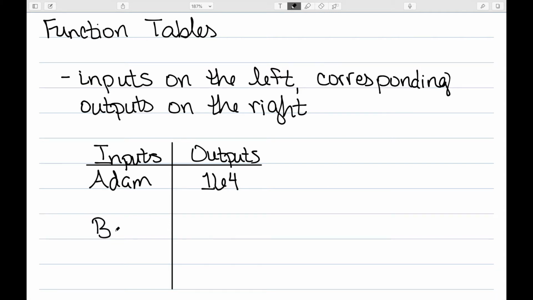If we input Beth, she is 157 centimeters. And if we input Cody, maybe Cody is 161 centimeters. So this would be an example of a function table.